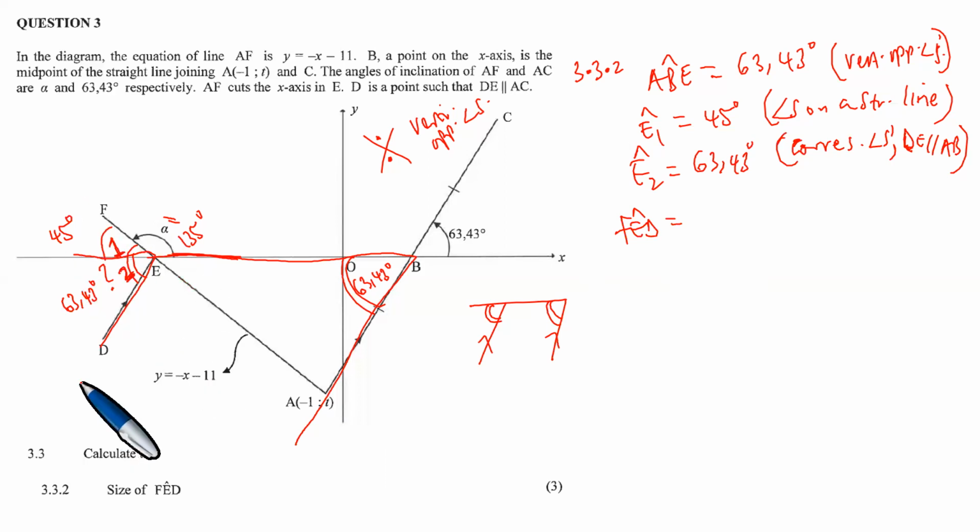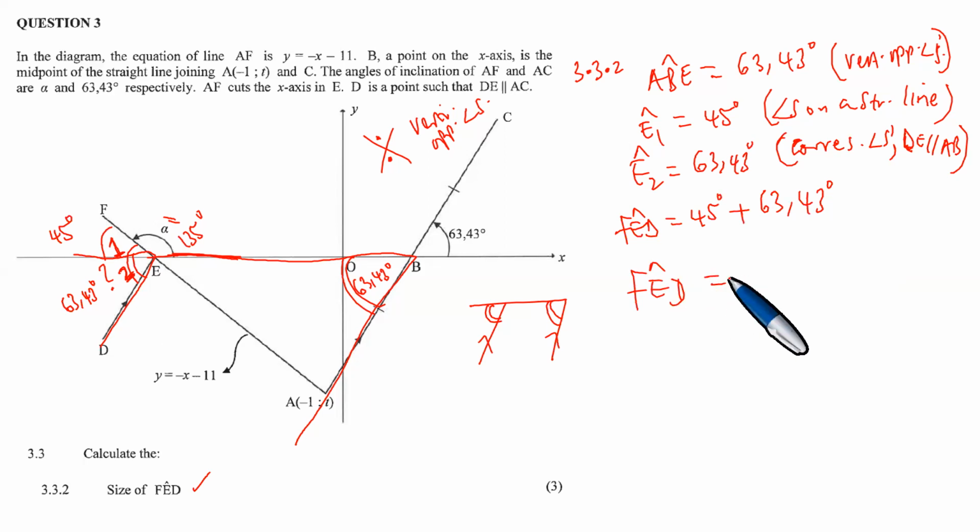What is the size of angle FED, which is what they want? It's just going to be the sum of these two. So it's going to be exactly 45 degrees plus 63.43 degrees. And therefore, we can achieve that FED is the sum of these two angles.